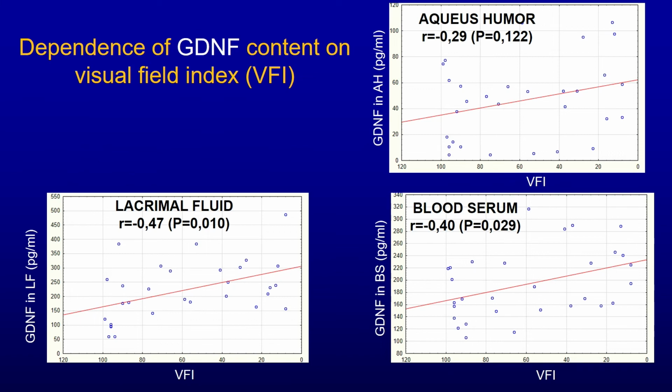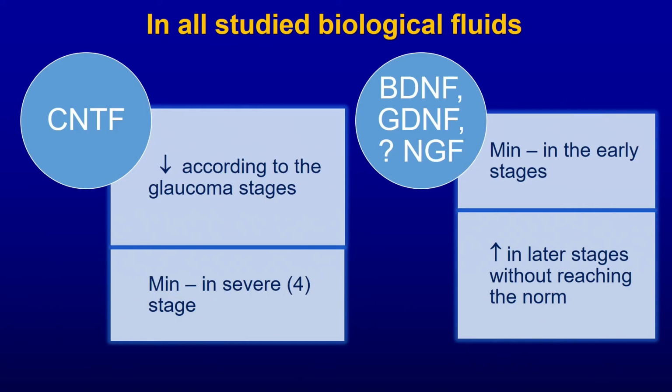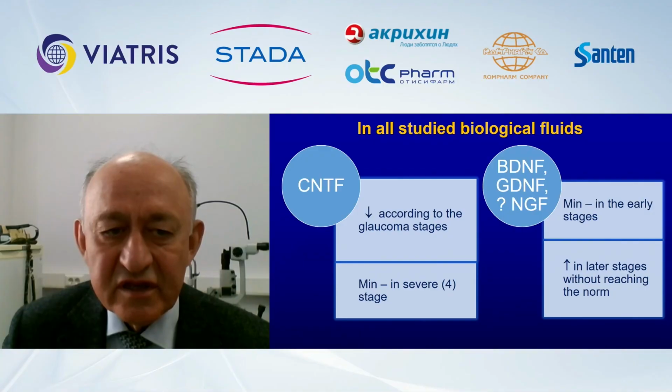When we compare it with the visual field index, we also appreciate that with the progression of glaucoma, we see an increase here, but in the anterior chamber fluid, the increase never reached statistical significance, while it was significant in the tear film and in the blood serum. So here we see two different types of changes of neurotrophic factors.